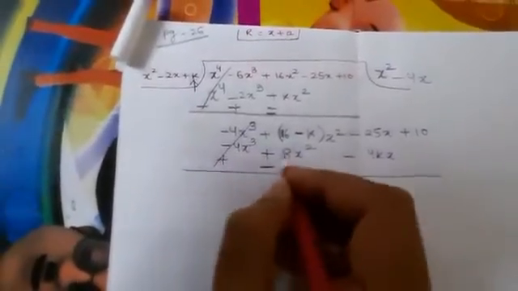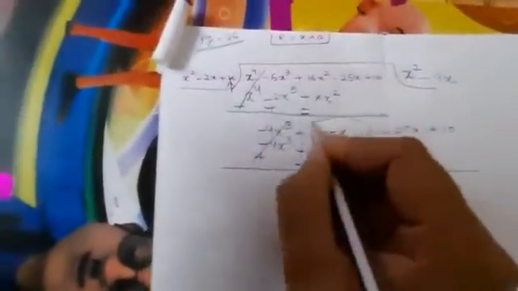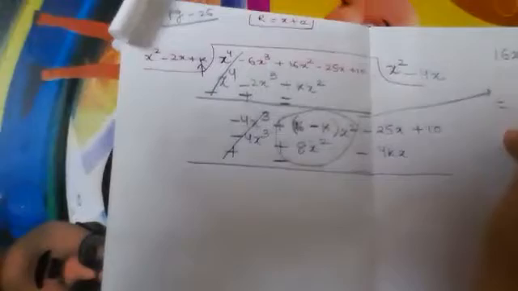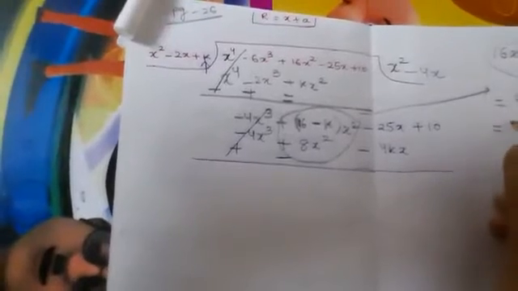Change of sign. Now see, I'm going to solve this part here separately. So it is 16x square minus kx square and then minus 8x square, right? 16 minus 8 will give you 8x square minus kx square, and you may take 8 minus k in the bracket and x square outside.